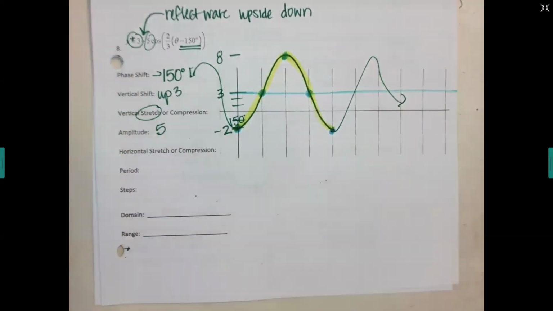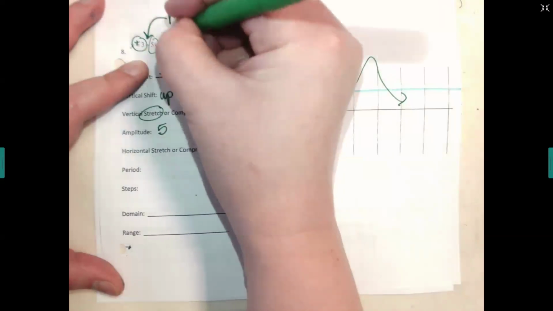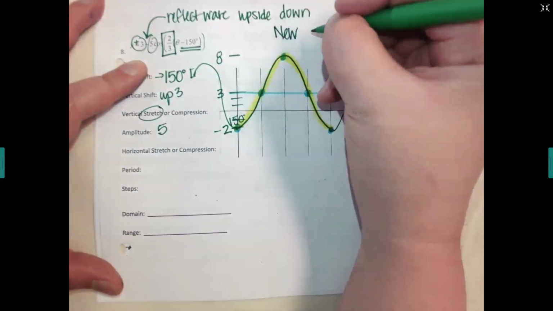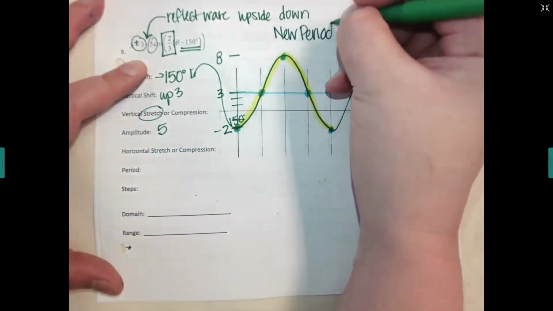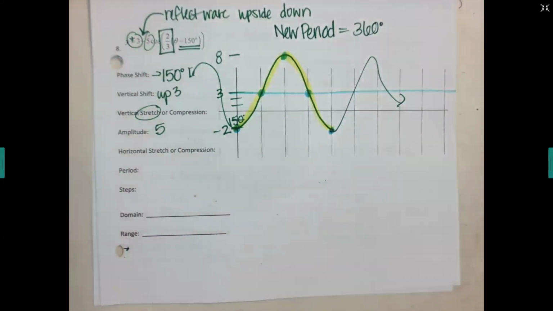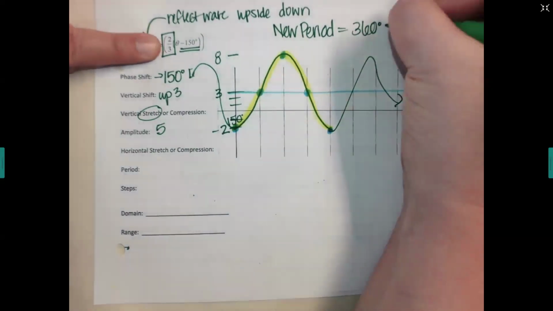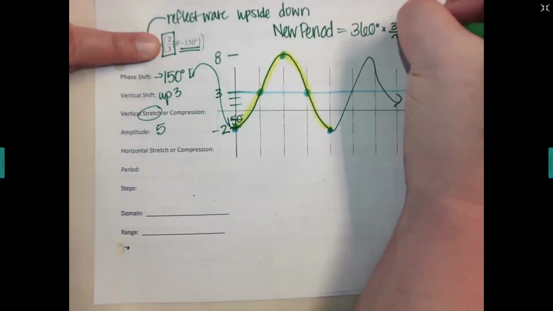Okay. All right, now let's find your new period. What is the normal period for the parent graph? How many? 360. So if I want my new period, I'm going to do 360. And then I'm going to change it with whatever number is between the parentheses. What's between the parentheses? 2/3. Then I'm going to times by 3/2.